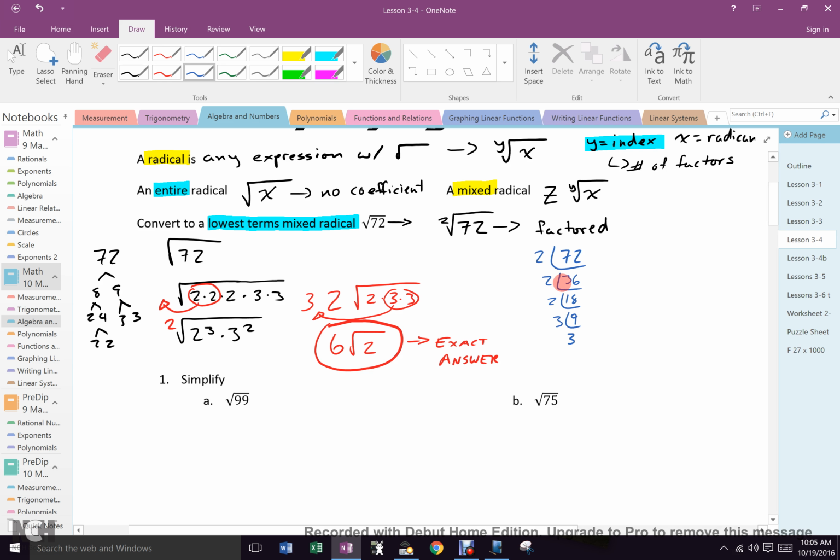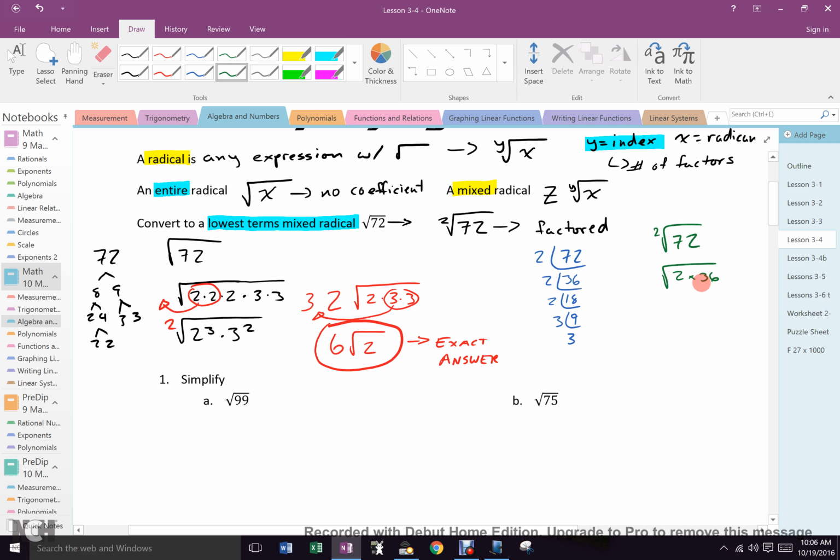Everybody good? There's a third way to do it, which I'm going to write in green. Square root of 72. Correct? I'm looking for square roots, right? Well, what happens if I do 2 times 36?